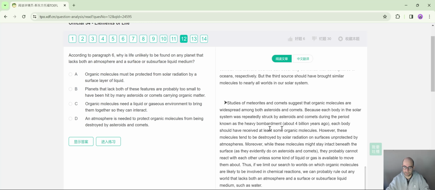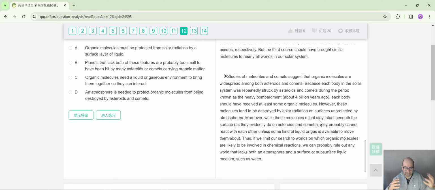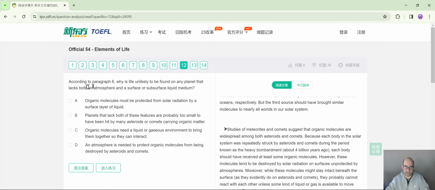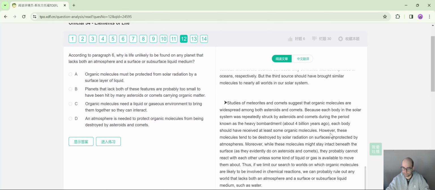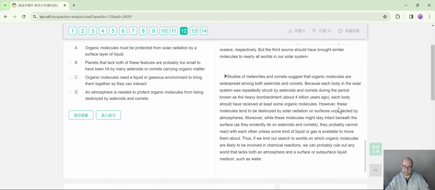Okay, heavy bombardment. Each should have received at least some organic molecules. I still need to know about the why, and I didn't find any of these keywords, so keep going. Don't slow down. However, transition word, be careful. These molecules tend to be destroyed on. Moreover, also, transition word again, be careful. They might stay intact beneath the surface.